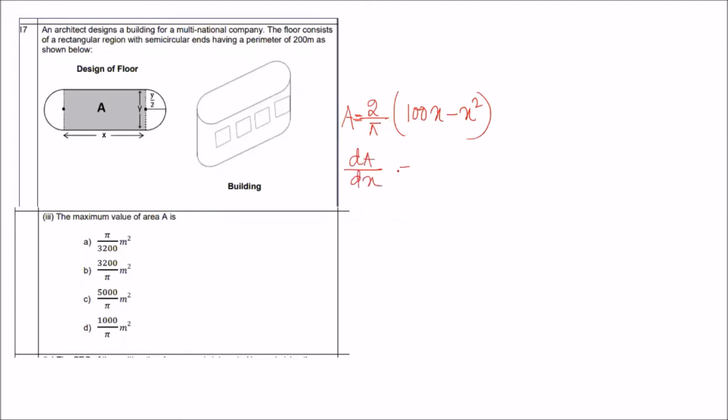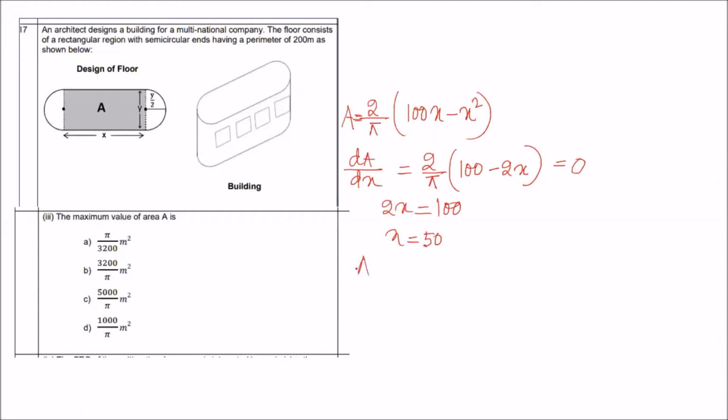dA by dx, see, do the derivation correctly. So it will be 100 minus 2x. So 100 minus 2x is equal to 0. So how much will be x then? 2x is equal to 100, so x is equal to 50. Now put in this function.